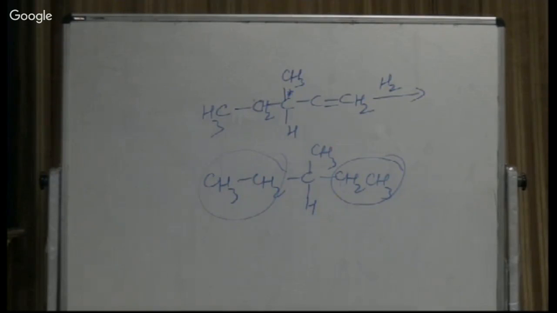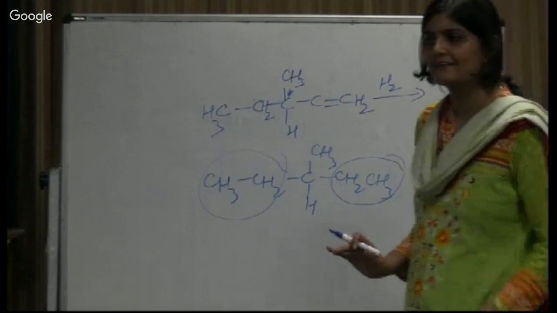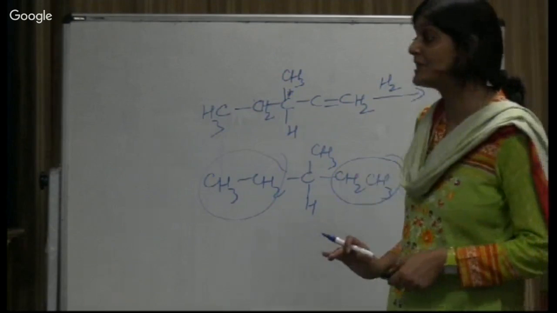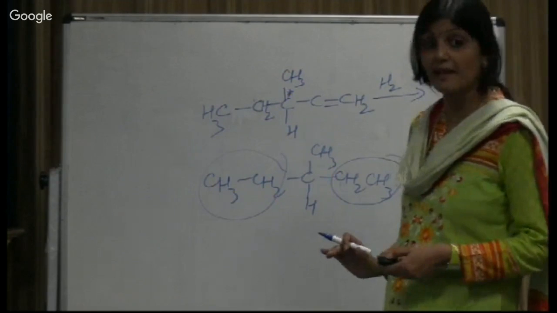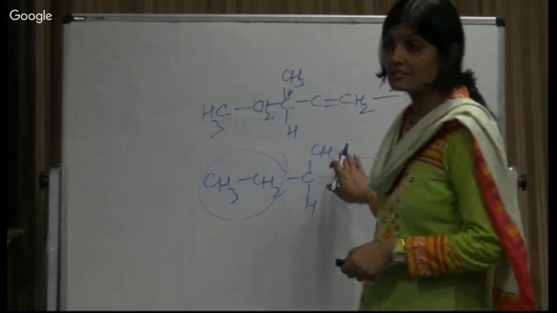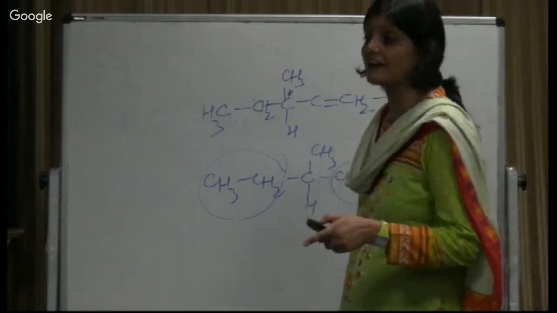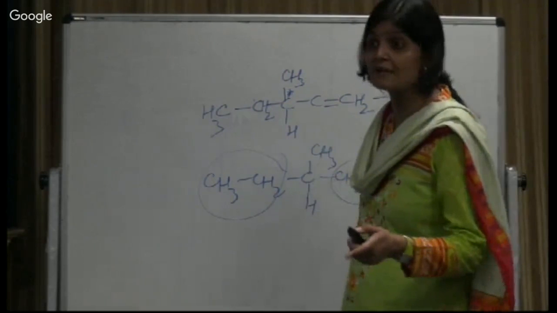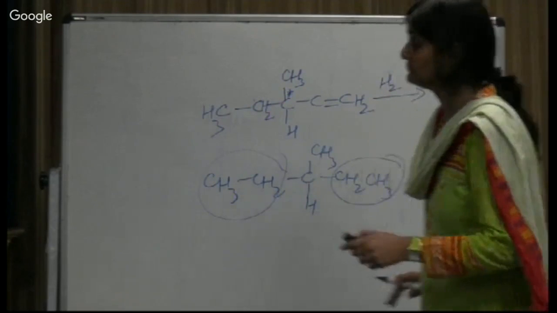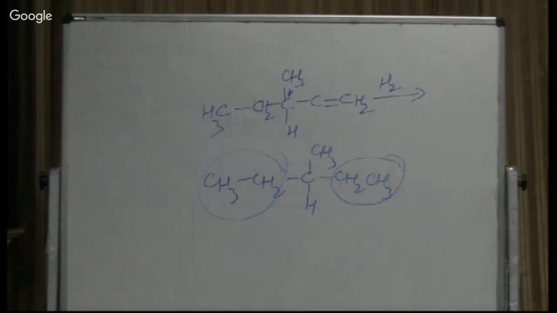Okay, na? So the correct answer will be, this is the first molecule which we wrote, no? The correct answer will be A. Because on hydrogenation, it is converted into a molecule which is achiral. There is no longer chirality present in the molecule. So it will not exhibit optical isomerism. Okay? Right? Next.